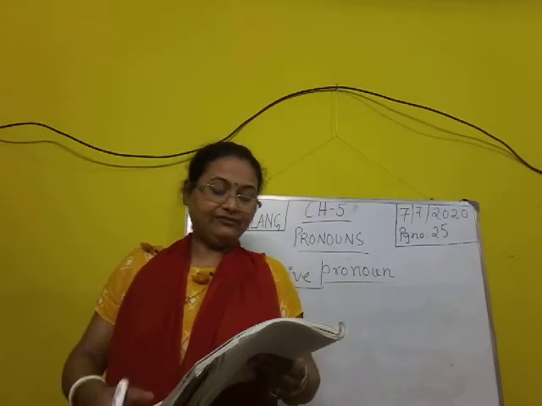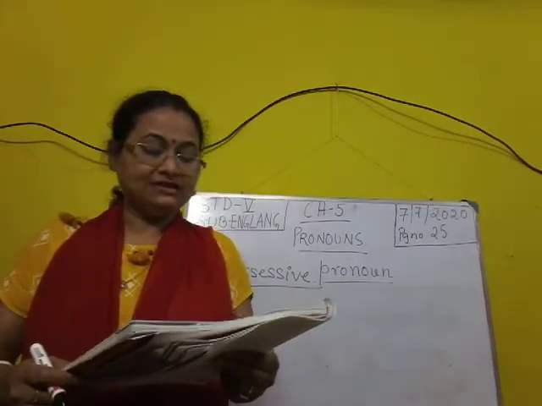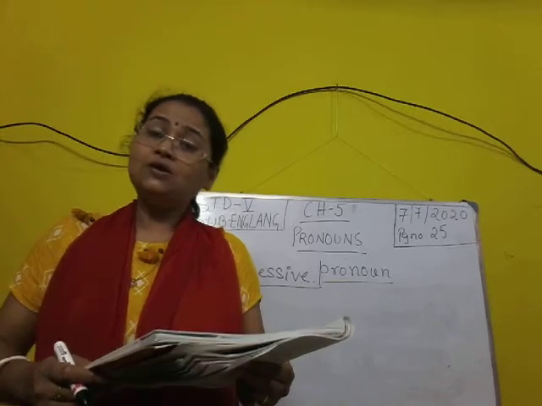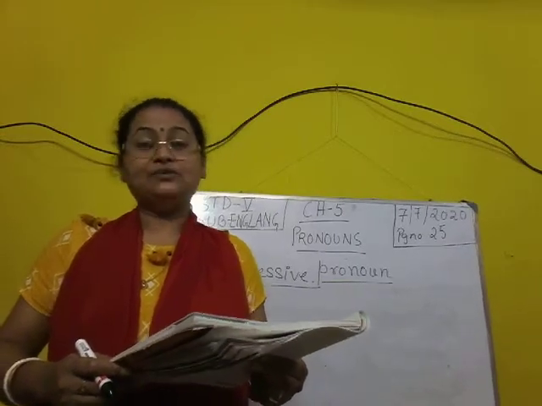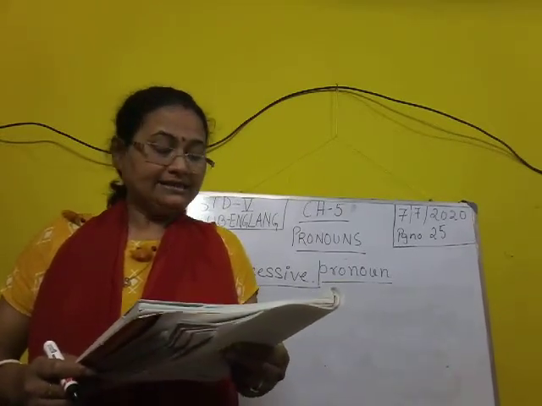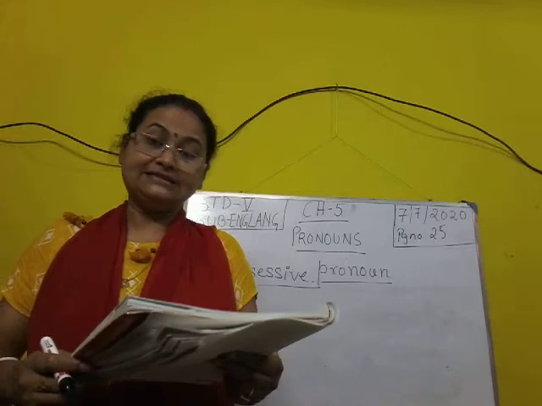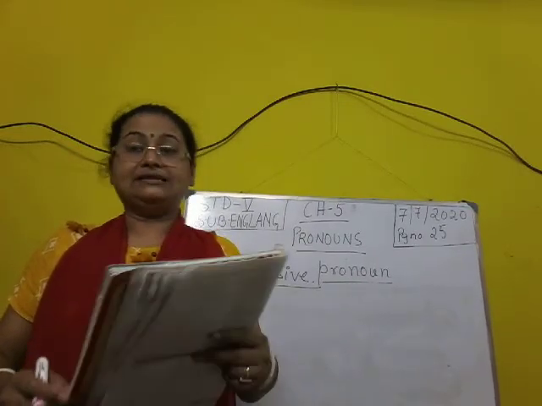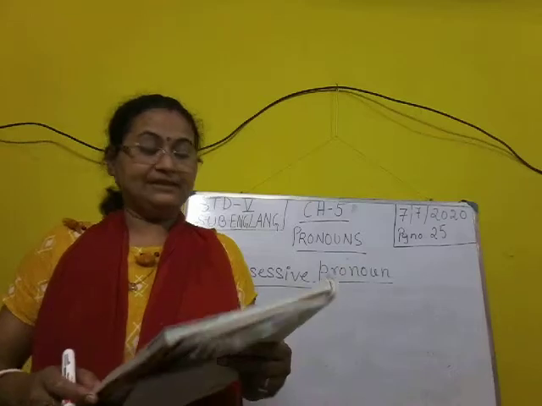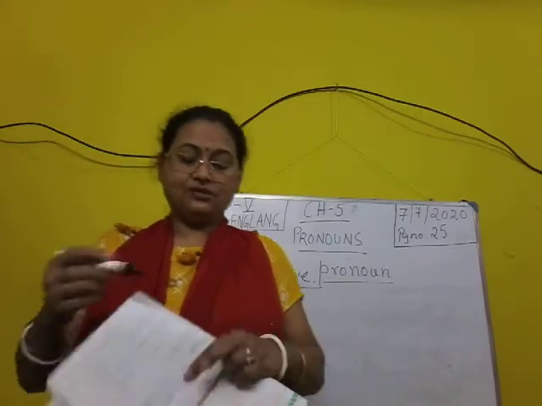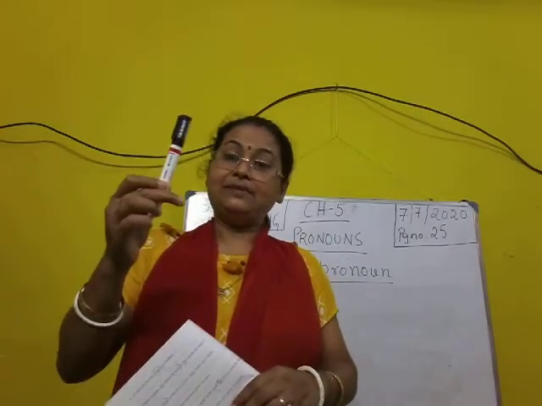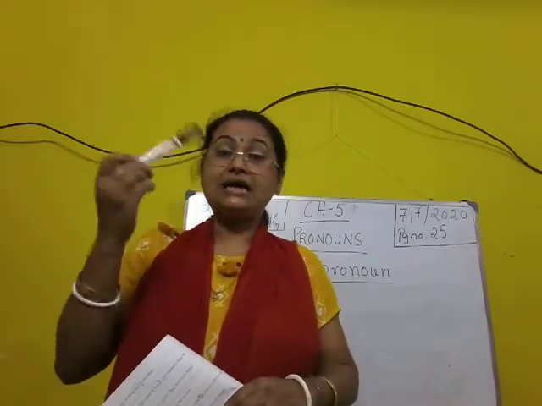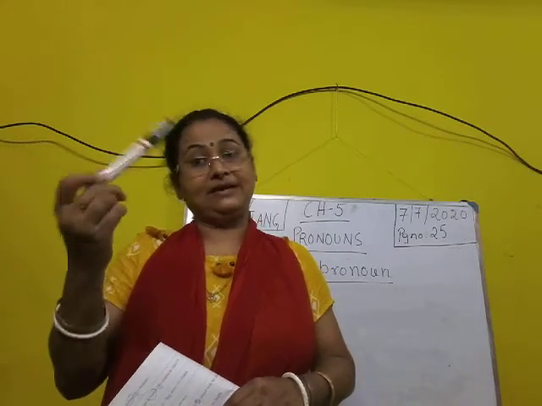Okay. So the definition: pronouns that tell who or what owns something are called possessive pronouns, and they take the place of possessive nouns. Suppose this pen is mine, means I am the owner of this pen.